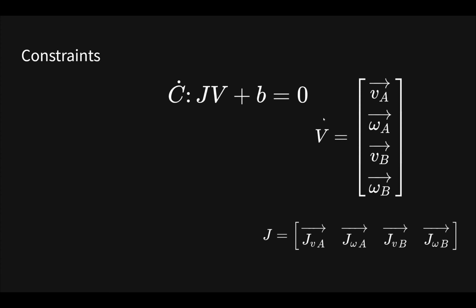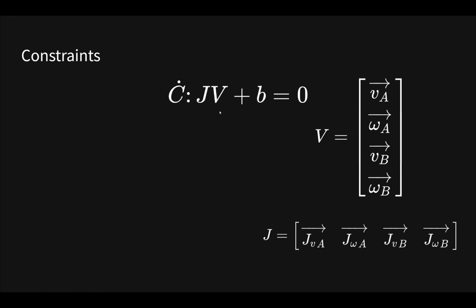where V in this case is a 12 by 1 matrix, a column vector. Each of these terms: VA is just the velocity vector of object A, then the angular velocity of A, velocity of B, and angular velocity of B. All of this is put in a long 12 by 1 column vector.